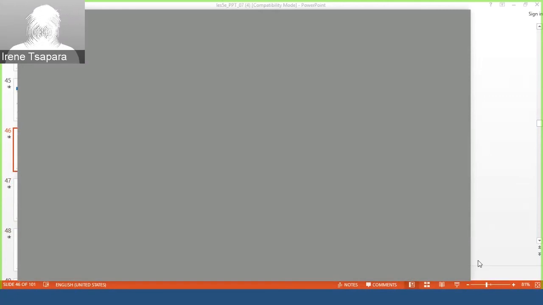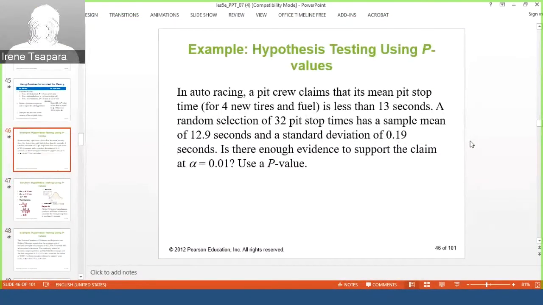N is greater than 30, and based on Ken Black's book, greater than 30 means that we can use the z-test. Now, as I explained last week, this is only for instructional purposes. We cannot always assume in data analysis that if the n is greater than 30, we use the z-test. For now, we are going to use the normal distribution because 32 is greater than 30.